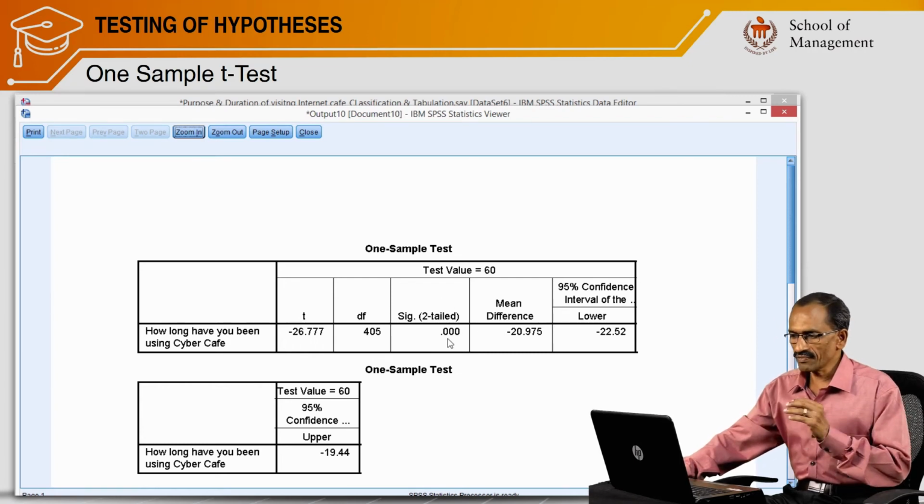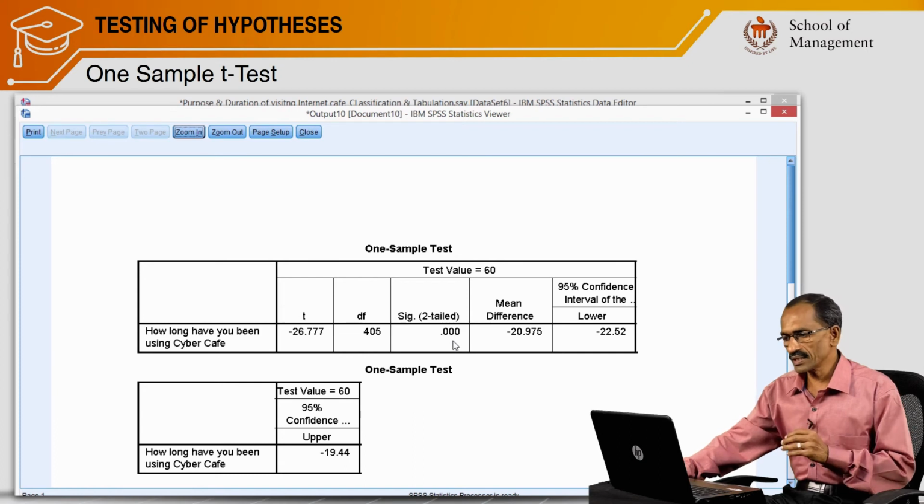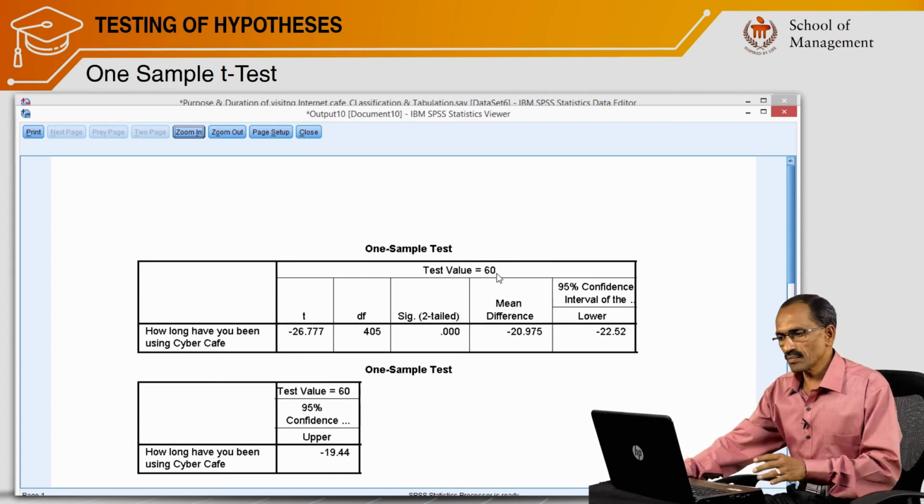If this significance value is less than or equal to 0.05, we can convincingly reject the null hypothesis. What was our null hypothesis? The average duration of the samples covered in the study would be 60 months with respect to internet usage. And we have seen in the previous table that the average value estimated is 39 months.